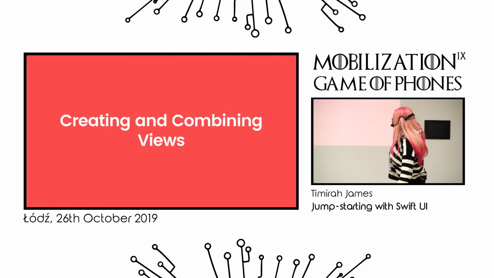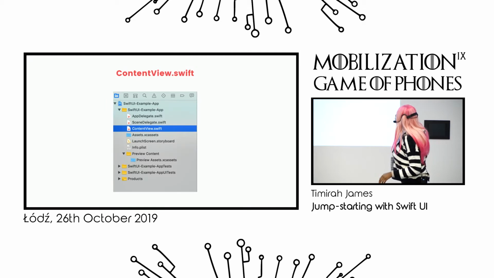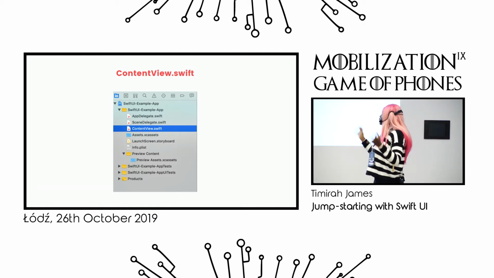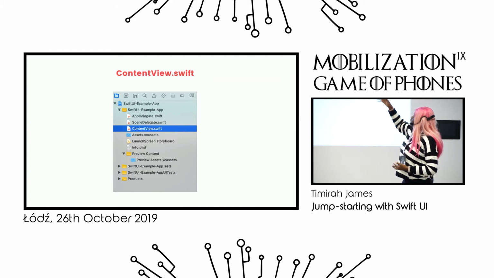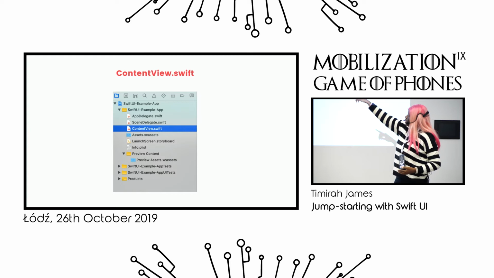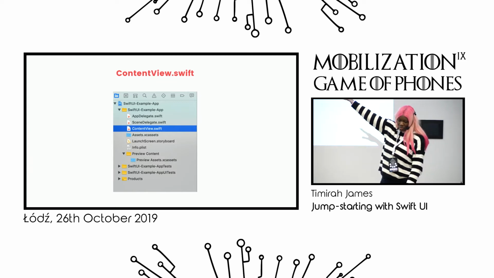Creating, combining views. Here we go. One thing I wanted to point out is once you update Xcode, when you are building with SwiftUI, it's a whole different navigation. You have a whole new set of files here.